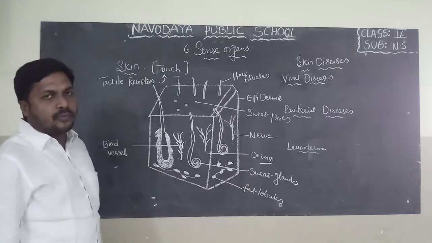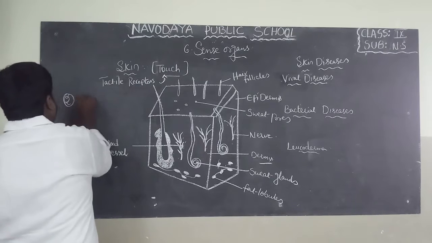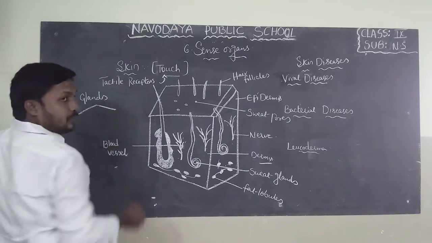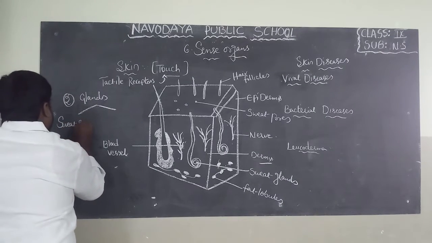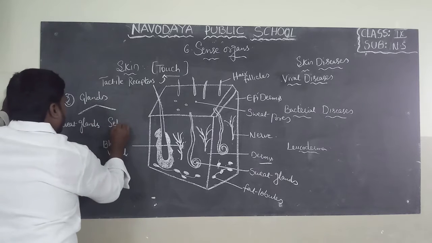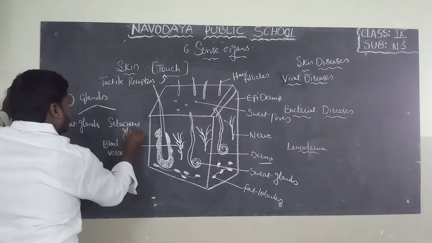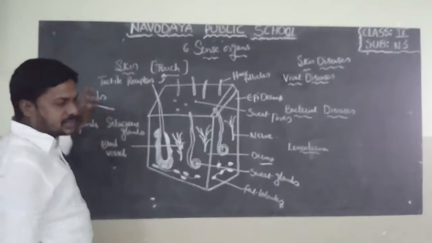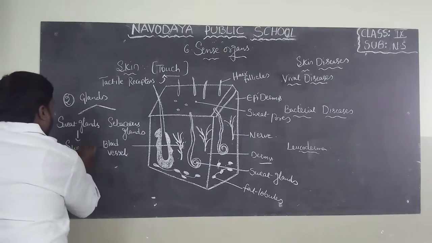Skin consists of majorly two glands. Two glands are present in skin. One is sweat glands. Second one is sebaceous glands. Do you know about the functions of sweat glands and sebaceous glands? Sweat glands help to produce sweat.